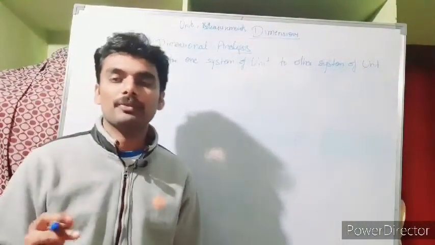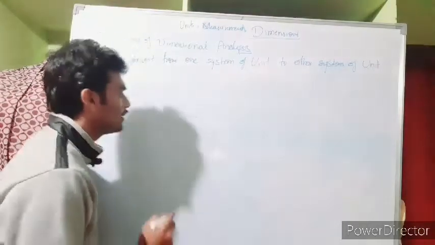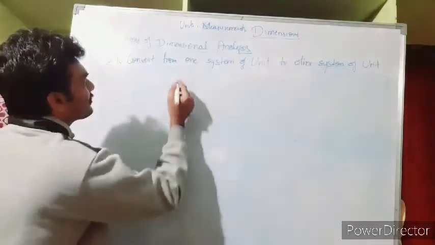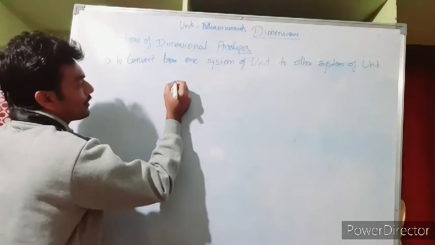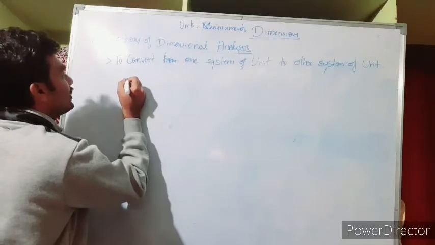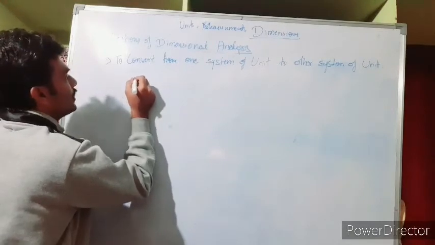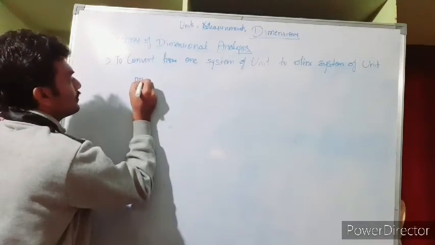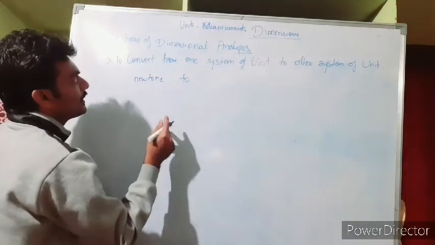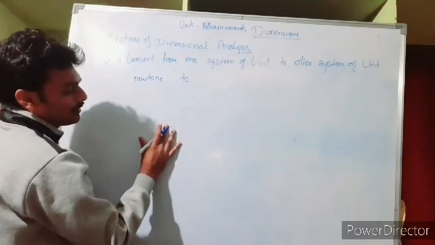Right. First, we'll see the conversion for the quantity force. For force, we all know that in SI system the unit is Newton. So the first conversion that we'll be doing is from Newton.